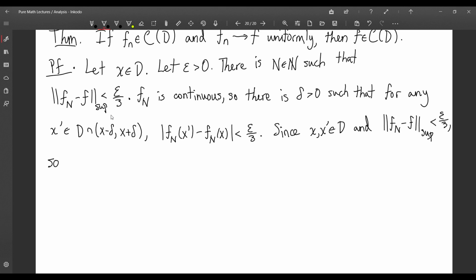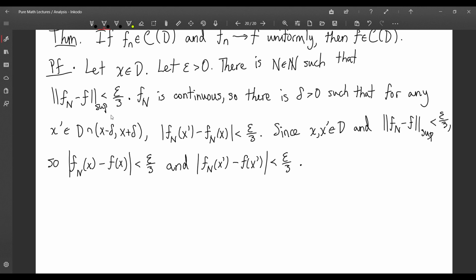So I can apply that at x, right? So absolute value of f sub N of x minus f of x, this will be less than epsilon over 3. And I can also apply it to x prime: f sub N of x prime minus f of x prime is less than epsilon over 3.